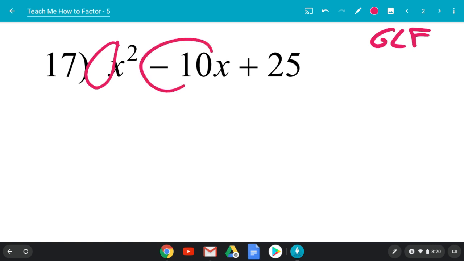And 5 doesn't go into negative 10. Is there any number or variable that goes into all three of these? 1 doesn't count, because 1 goes into everything. 5 doesn't go into 1. So is there a GCF? No, no GCF. Is there a leading coefficient?